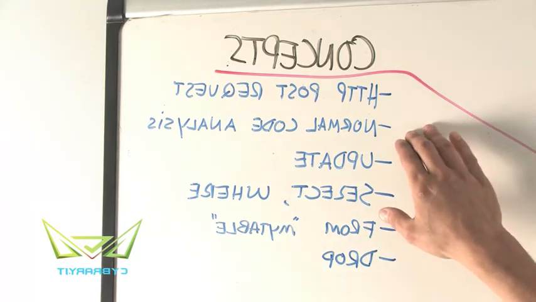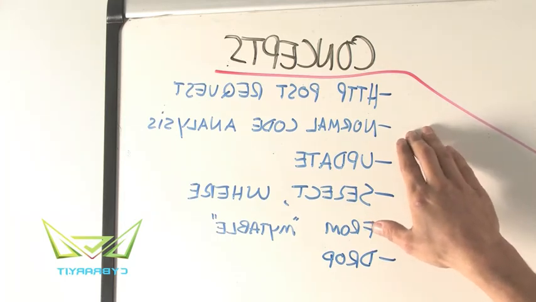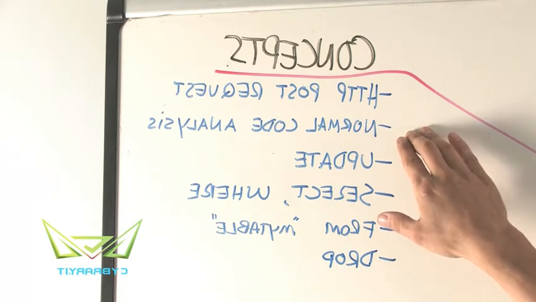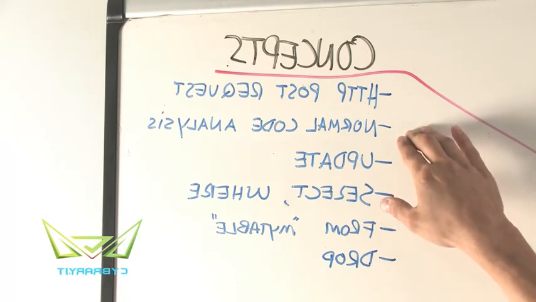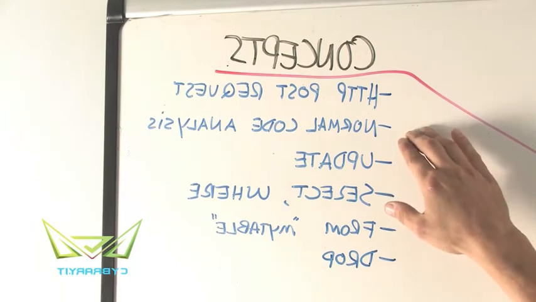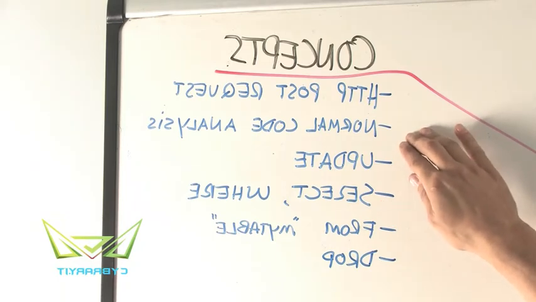If you look at the client talking to the server in a normal conversation, this is what we call normal code analysis. The pen tester needs to understand what normal looks like, so then they can start deviating from the norms to get the computer programs to basically do what they want.